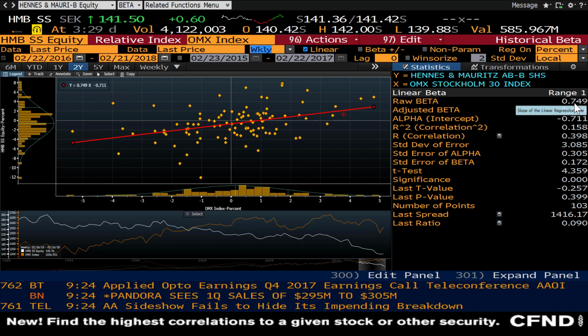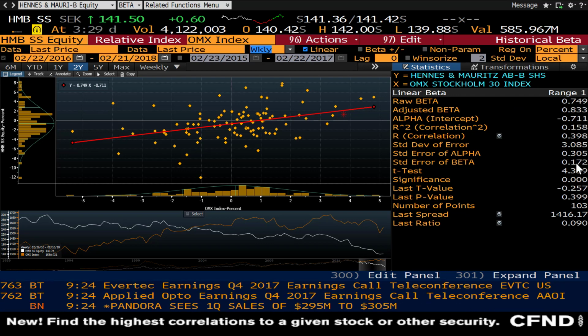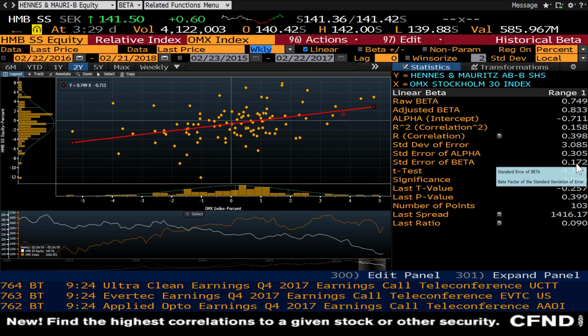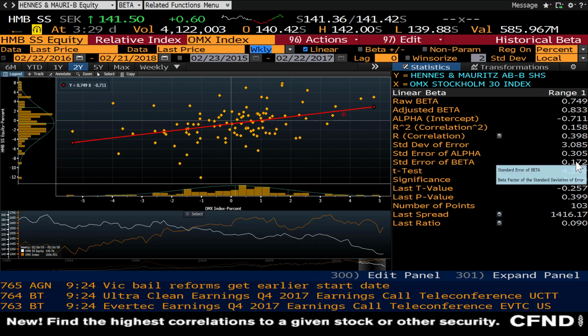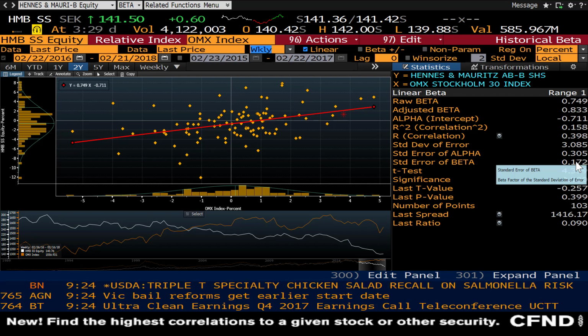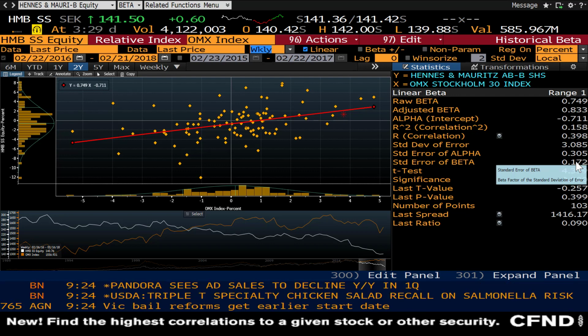what you would need to take is 0.749 plus the standard error multiplied by 2, that gives you your upper range, and 0.749 minus the standard error multiplied by 2 gives you your lower range.